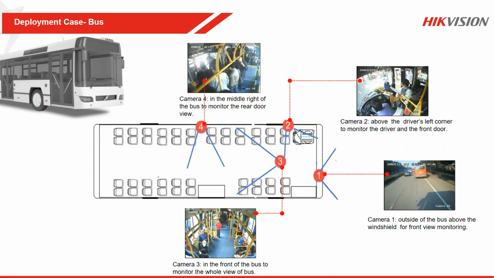Monitoring the driver shows if the driver is driving well, not speeding, not driving recklessly, and how they conduct themselves with passengers. And then general surveillance inside the bus: are passengers behaving, or if any incidents did happen, you now have video evidence of those incidents.